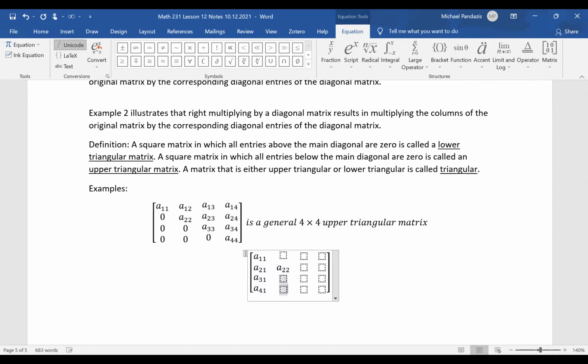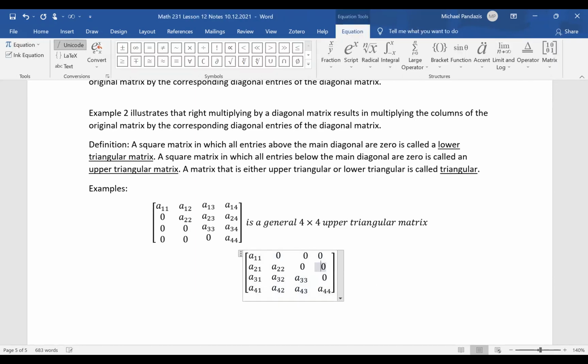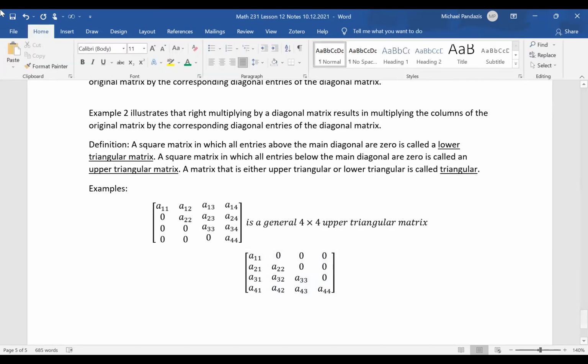And then this is A22, this is A33, this is A44. These are entries below the main diagonal now. Also, this is A32, this is A42, and this is A43. Okay, and so now here all the entries above the main diagonal are 0. It doesn't line up perfectly. Oh, wait, I can make it though. There we go.